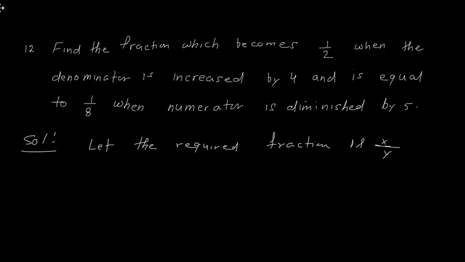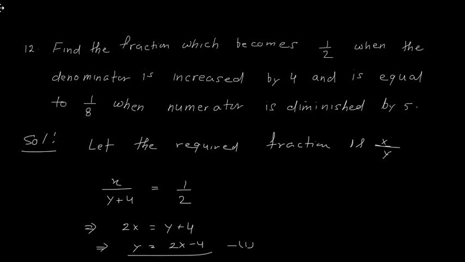So when the denominator is increased by 4, we get x upon y plus 4, and the fraction becomes 1 by 2. So this implies 2x equal to y plus 4. This implies y equal to 2x minus 4. So let us take this as equation 1.